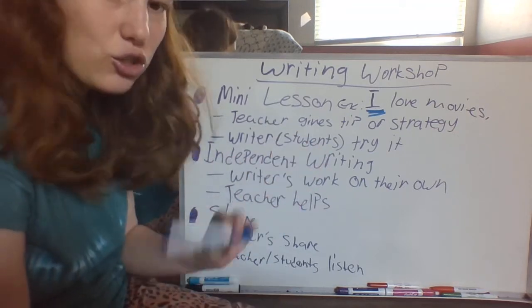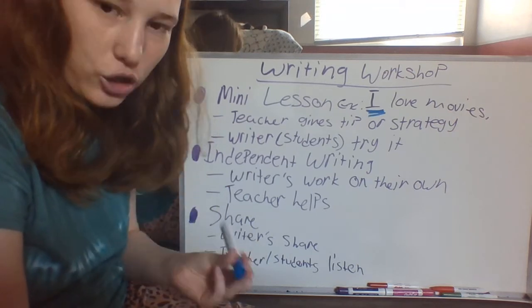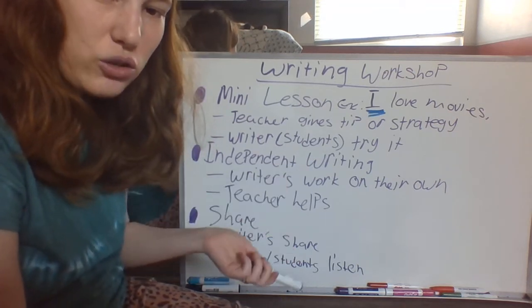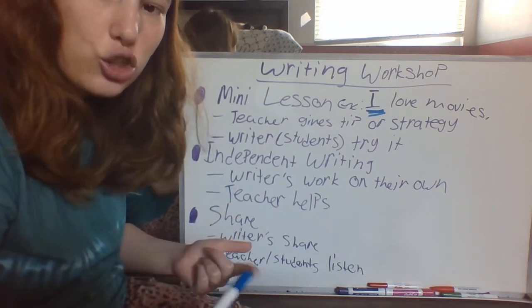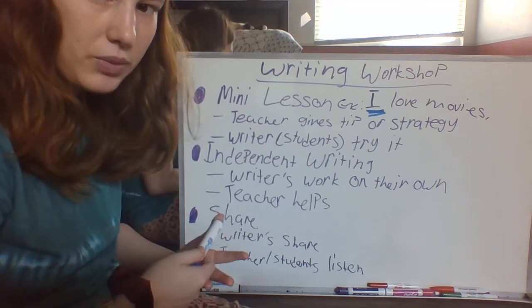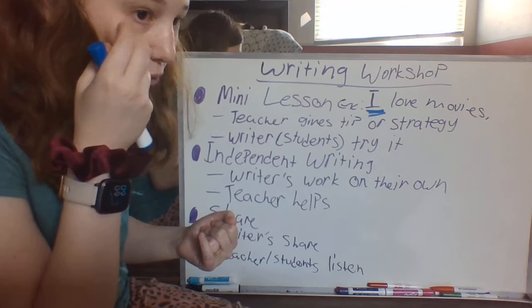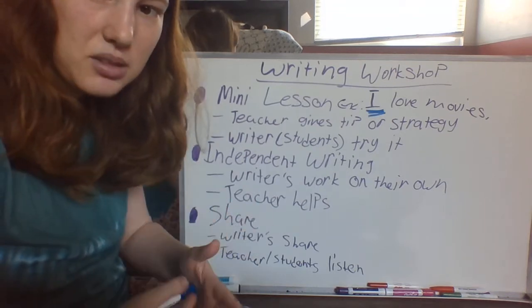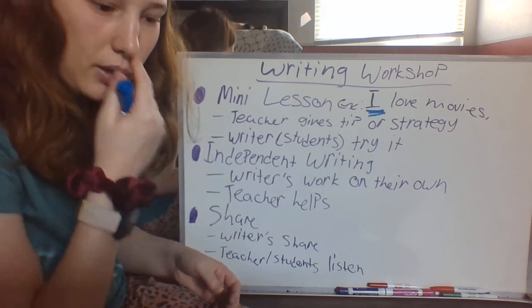And this is where the teacher is making sure that the students are applying the strategy to their own writing. So this is where teacher conferencing comes, where the teacher looks over, okay, Sophia, let's just check on your work for today.